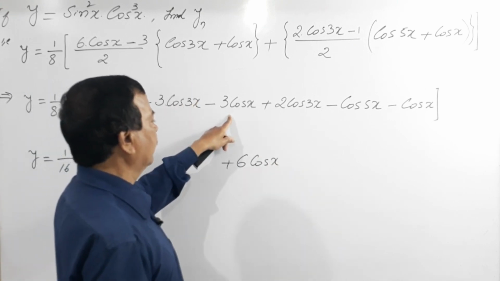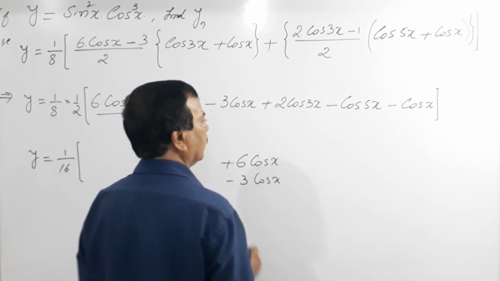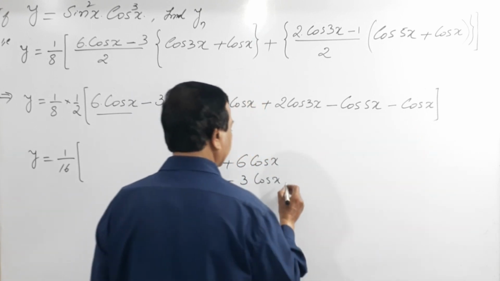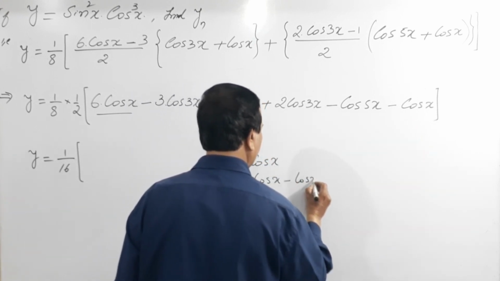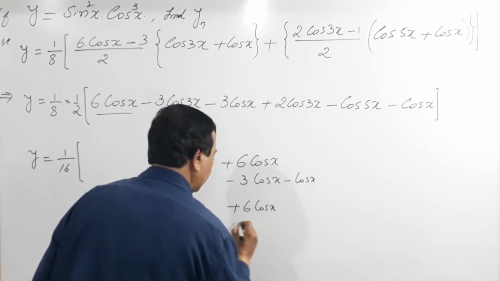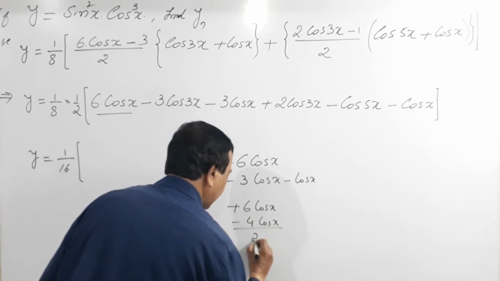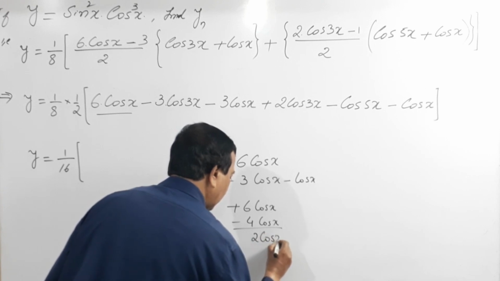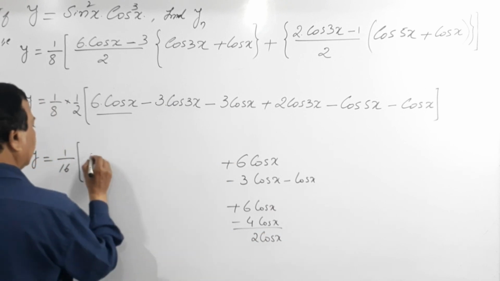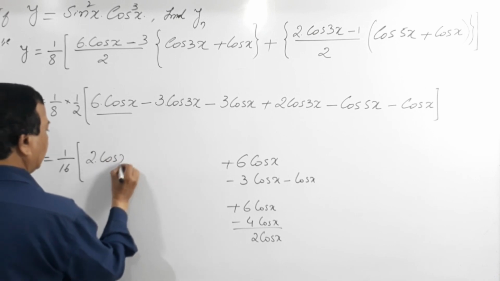Here we have minus 3 cos x, and here we have minus cos x. So this is again minus cos x. What happens here? That is 6 cos x minus 4 cos x. This will be plus 2 cos x, right? So I'll write 2 cos x.